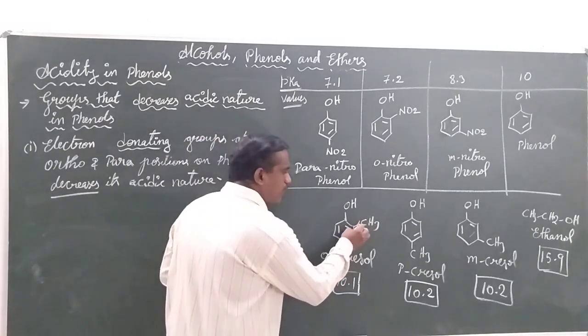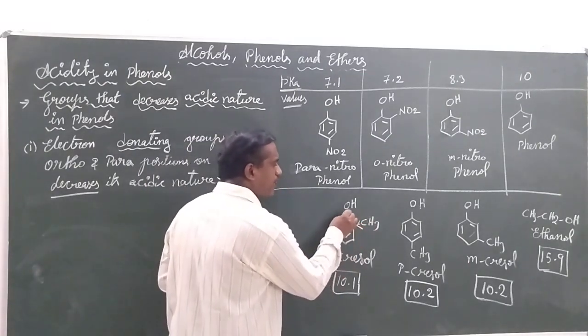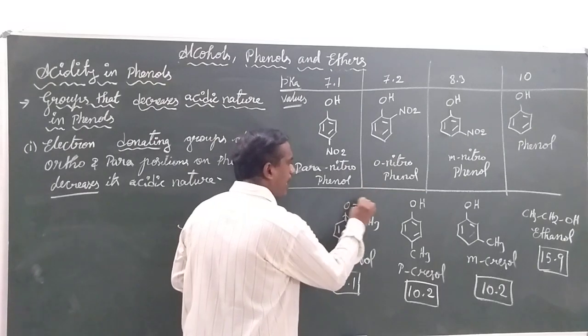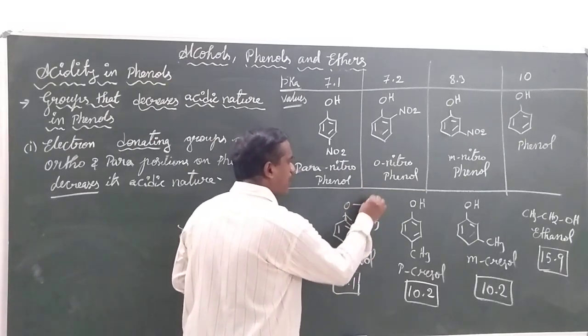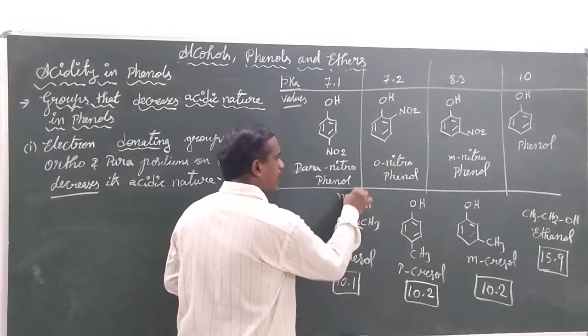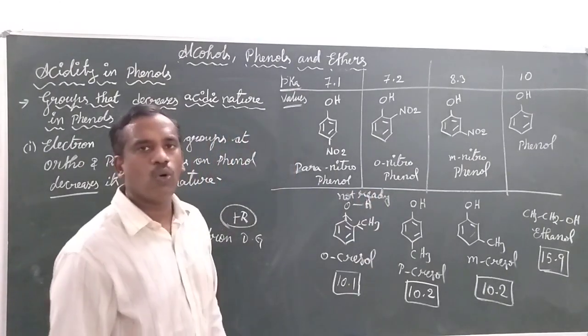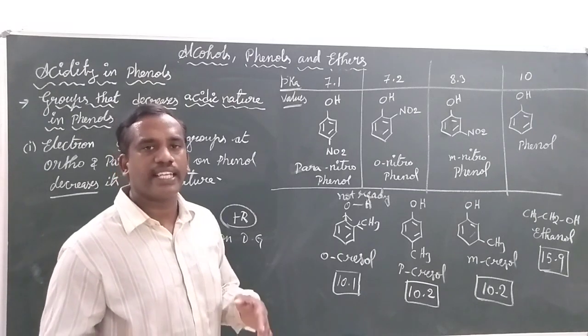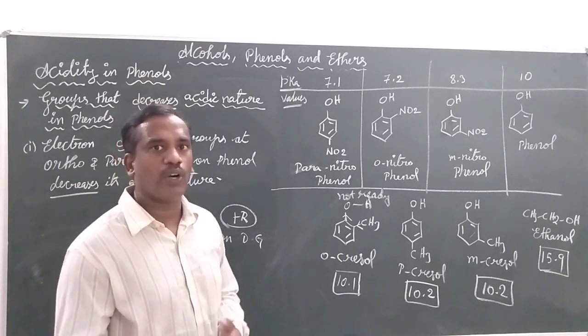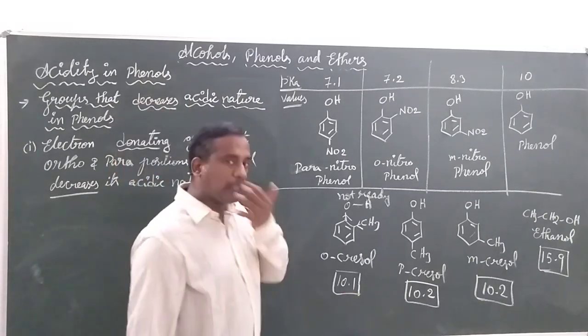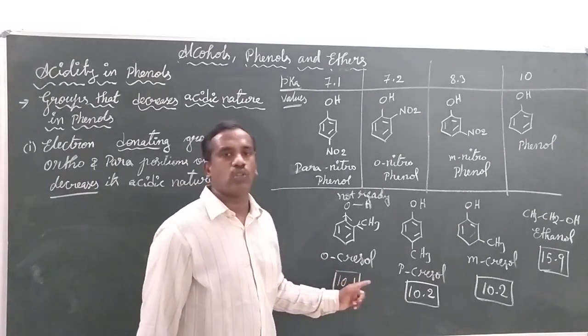When they are giving the electrons to benzene, again benzene will give the electrons to oxygen, and oxygen is not ready to take up the electrons from hydrogen, so its acidic nature is decreasing when the electron donor groups are present.